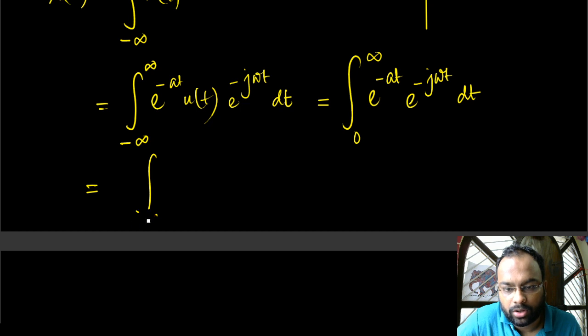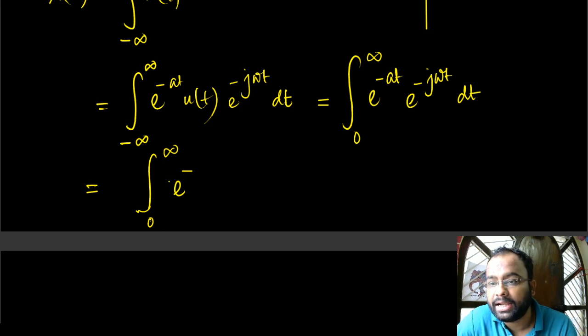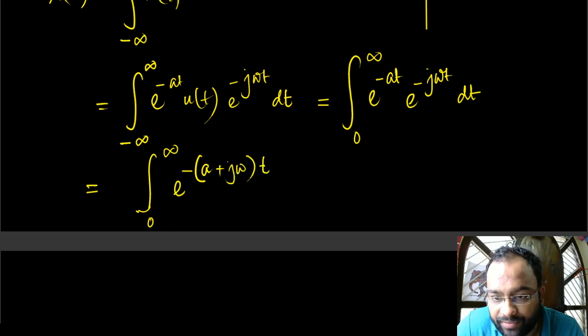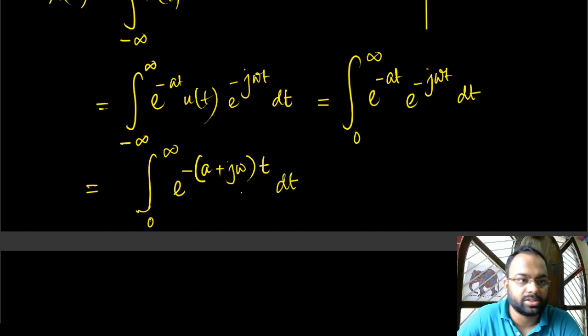So let's simplify this, from 0 to infinity, and I can combine these two. I can take the minus sign common out of these, and I can take t out of these, right? So minus (a plus j omega) t, and I have dt here, right?